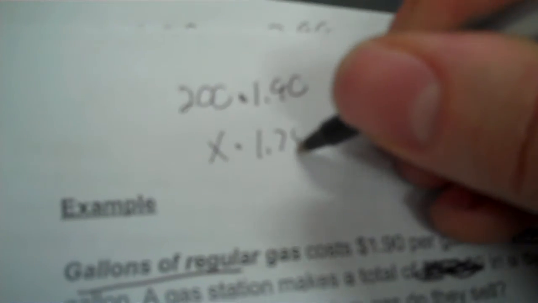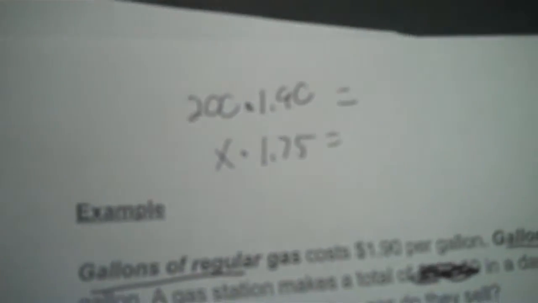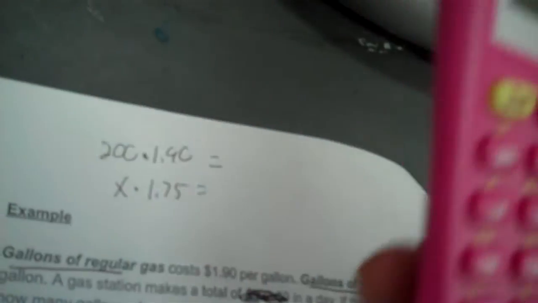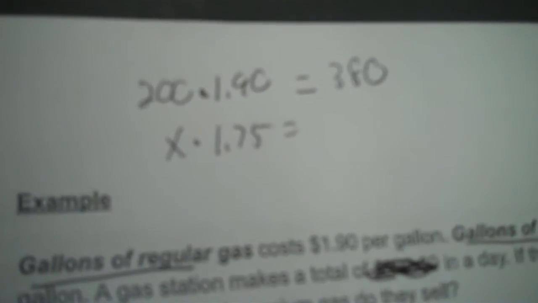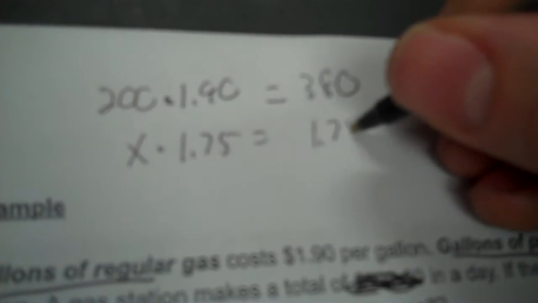So I find these products, I need to take 200 multiplied by $1.90 here, and then I need to take X and multiply by 1.75 here. So I take 200 times 1.90, 380. Then I take X times 1.75, so it's going to be 1.75X.